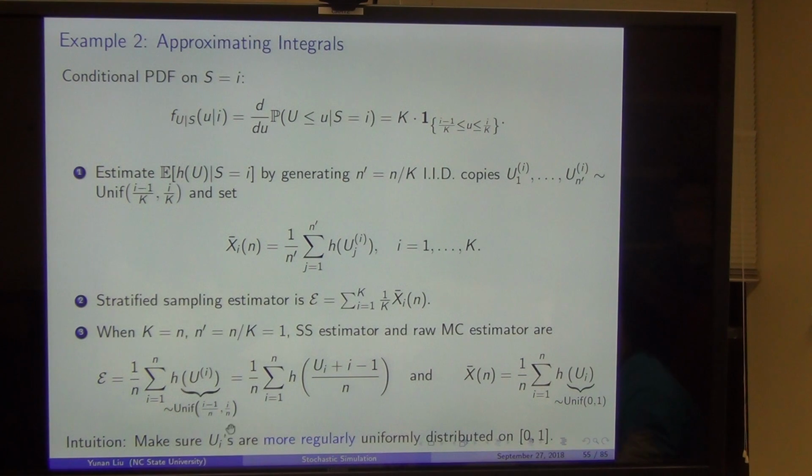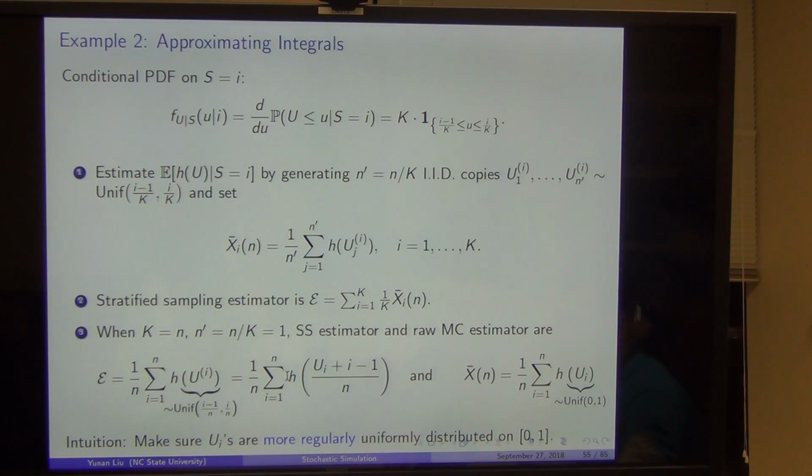Each Ui is a conditional distribution of uniform within each interval, right? So each Ui is uniform distribution in a small interval. In other words, how do I simulate my Ui? I do stretching, I do shifting. I simulate the Ui that is uniform 0, 1, and I stretch and scale.